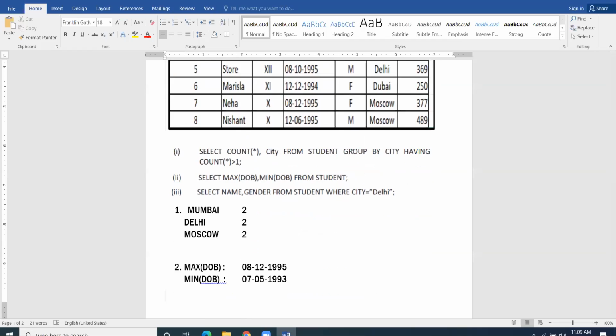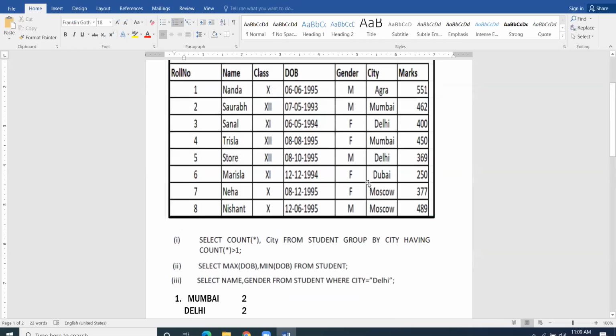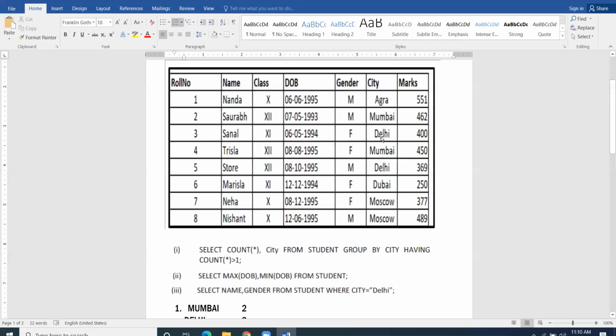Moving to the next command. Select name, gender from student where city equal to Delhi. We are to select name and gender from the table student where city equal to Delhi. So Delhi is here. Sanal, gender is female.